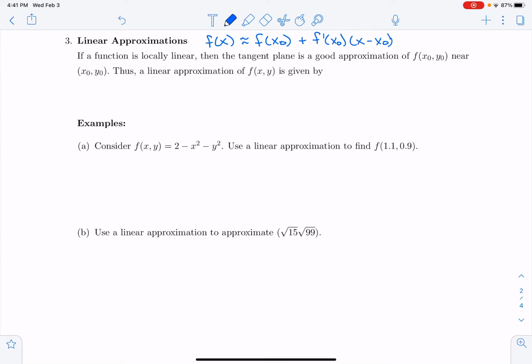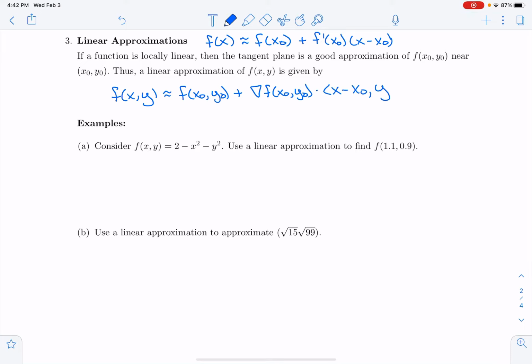Well, now when we have a function of two variables, say f of x y, then we have this notion that f of x y is approximately f of x0, y0 plus the gradient of f at x0, y0 dotted with x minus x0, y minus y0.